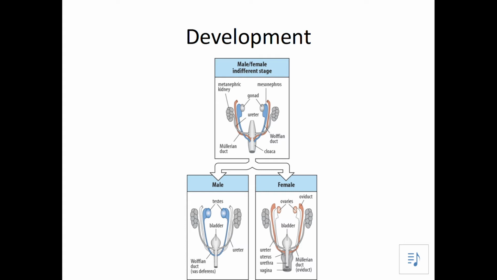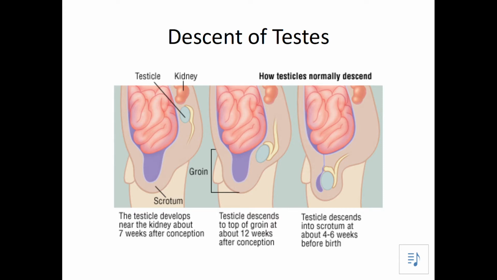So the testes develop early on in the abdomen in the same place that the ovaries develop. It's only very shortly before birth that the testes actually descend fully into the scrotum. So they migrate down from that initial position right near the kidneys down into the scrotum over the course of pregnancy.